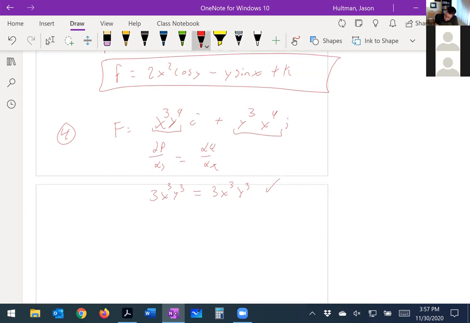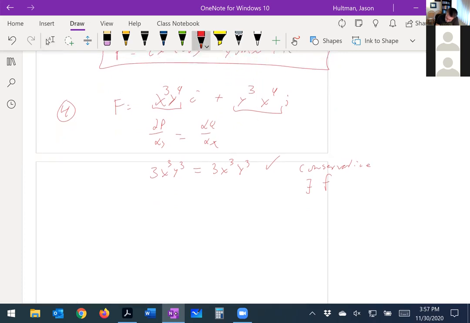So conservative, what does that mean? That means there exists an f. So that's good to know. Let's find that f.